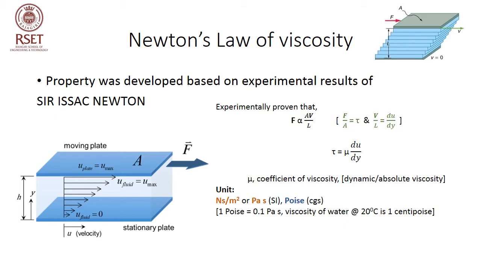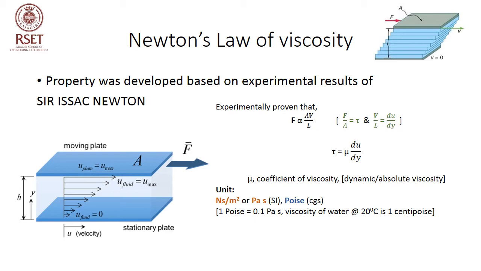So here you can see the variation of the velocity with respect to the distance. Here it is increasing in a linear manner. So you can define V by L, that is the velocity at the extreme divided by the distance between the plates, as equal to the slope of the graph between the distance along the y direction and the velocity.